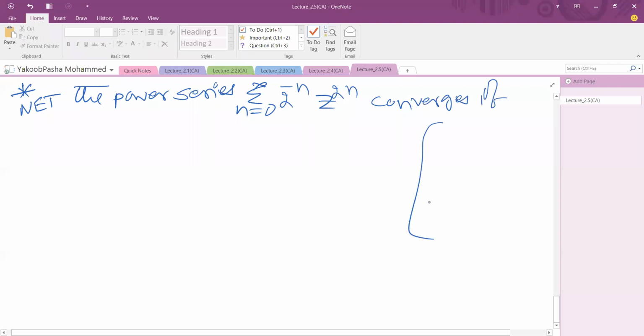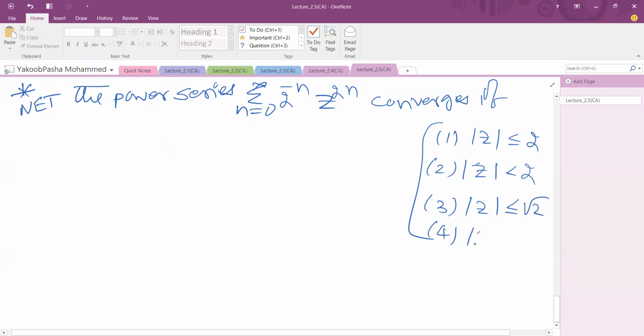First option, modulus of z less than or equal to 2. Second option, modulus of z less than 2. The third option, modulus of z less than or equal to root 2. And the fourth option, modulus of z less than root 2. These are the 4 options we have.